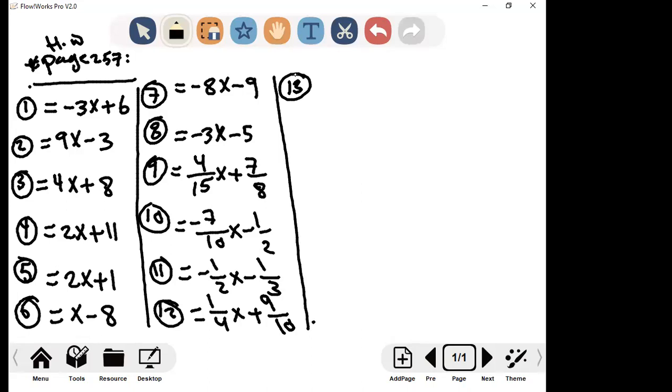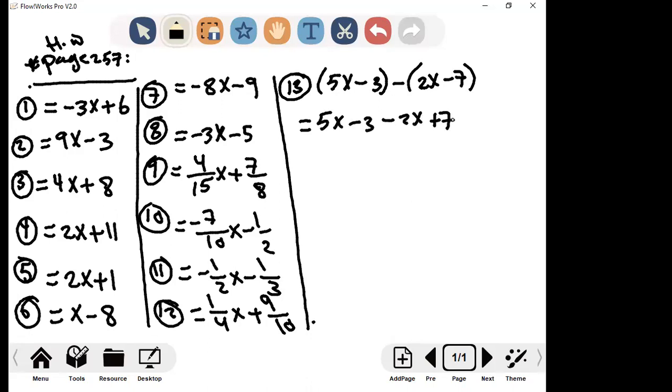The huskies, 5x minus 3, minus the bobcats, 2x minus 7. We distribute the minus, right? Now 5x minus 2x is 3x, negative 3 plus 7 is 4 points.